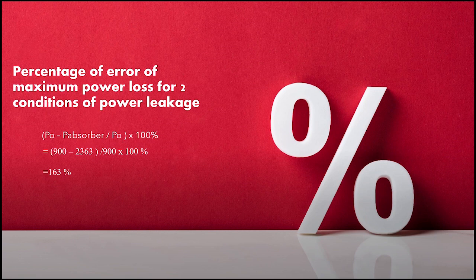By using the formula, power leakage of initial minus power leakage when using absorber over power leakage of initial times 100%, which is 900 minus 2363 over 900 times 100% equals 163%.